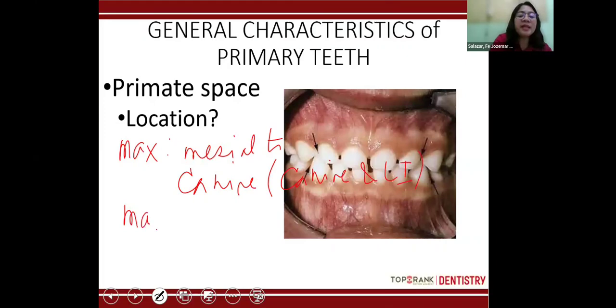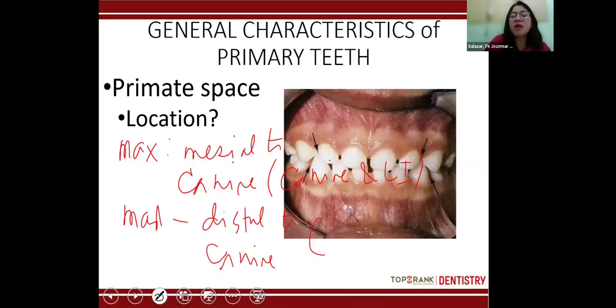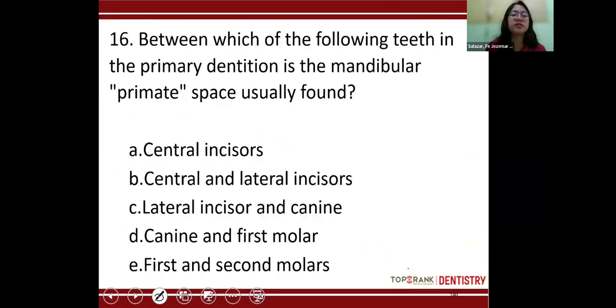While on the mandibular arch, it's distal to the canine. Okay, so between your canine and first molar. Okay, so that's your primate space. So maxillary, it's mesial to the canine between canine and lateral. Mandibular, it's distal to the canine between the canine and the first molar.